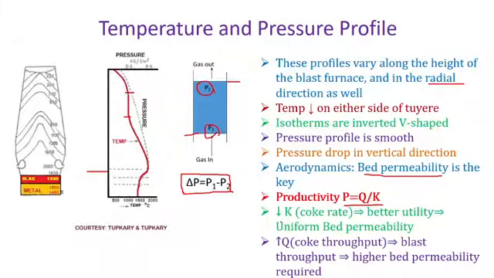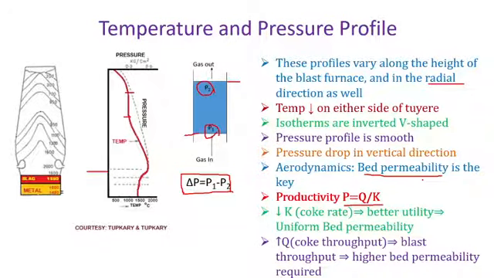So if we want to increase the productivity by lowering the coke rate, it requires better utilization of the thermal and chemical potential of the gas, means the outgoing gas, which in turn demands more uniform bed permeability. So we have mentioned that bed permeability is an important factor. If we want to decrease the K, then also bed permeability should be uniform.